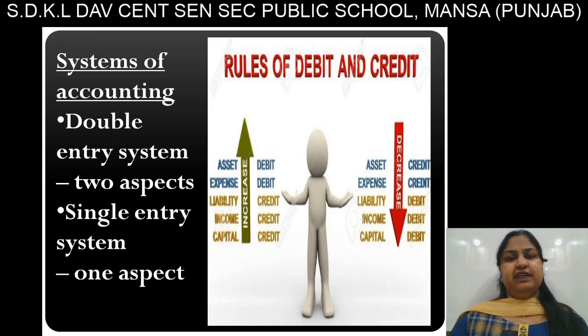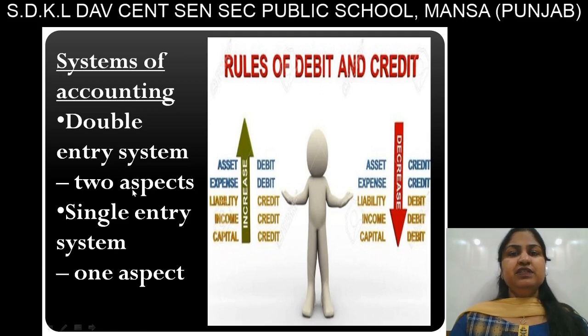Debit and credit. Before discussing the rules regarding it, we should know about the meaning of debit and credit. Accounting is based on two systems, double entry system and single entry system. According to the double entry system, each and every transaction has two aspects.